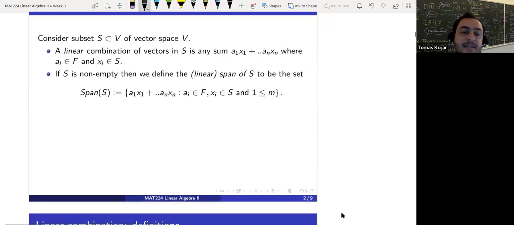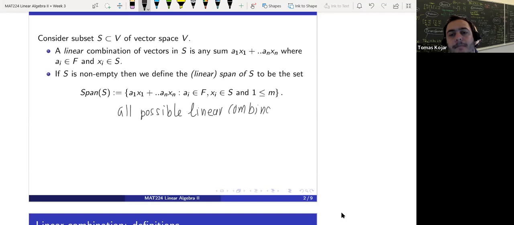By span of a set, we are talking about taking all possible linear combinations. So for example, let's say S is just the element (1, 0).